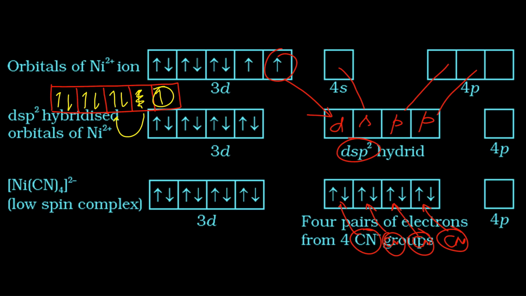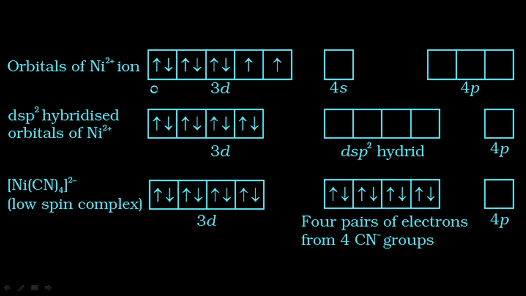But if pairing is not taking place and there are unpaired electrons, it will be paramagnetic. So don't get confused that if pairing is taking place it will be diamagnetic, and if not, paramagnetic. In both cases, both are possible. I have seen students making mistakes here.